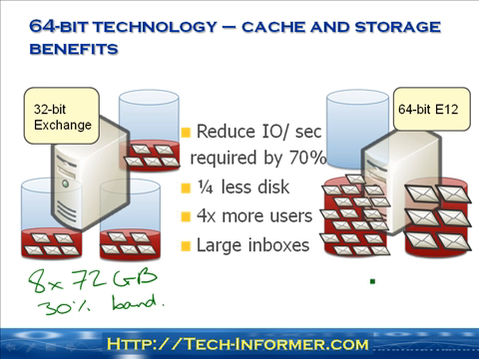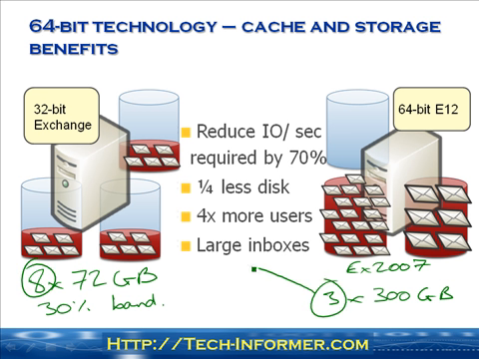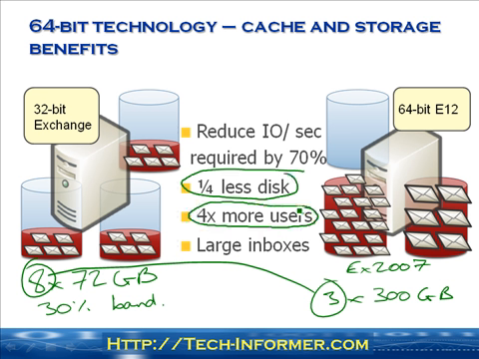Then over here on the Exchange 2007 system, I might do 300 gig disks. So I've actually got less spindles, so less physical disks, and even though I've got less disks, I can actually fit 4 times more users and much larger inboxes.